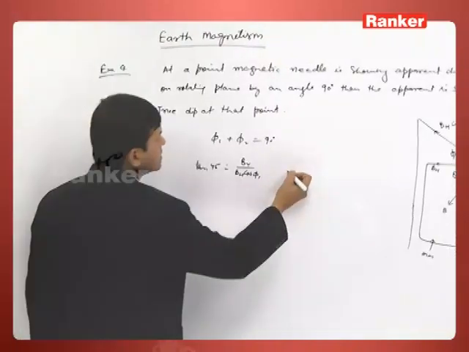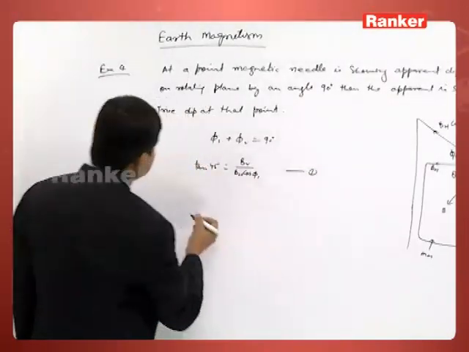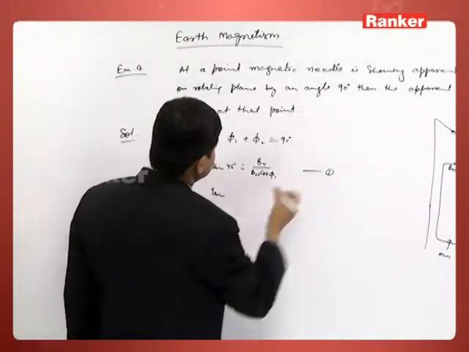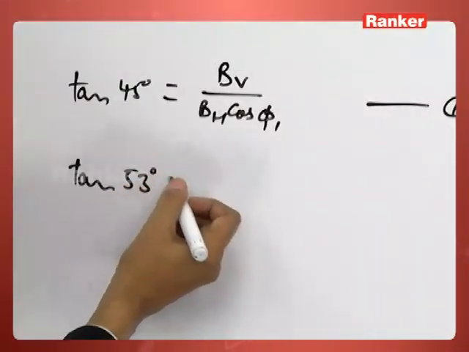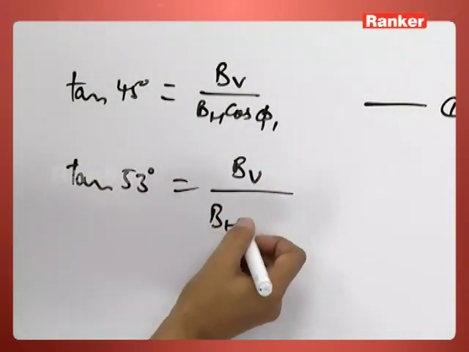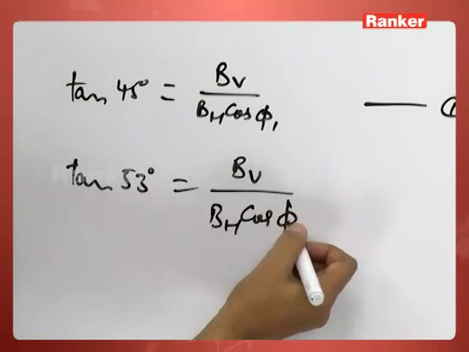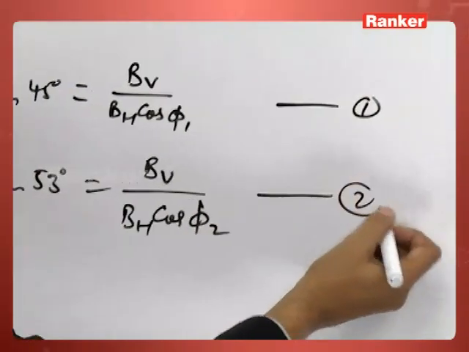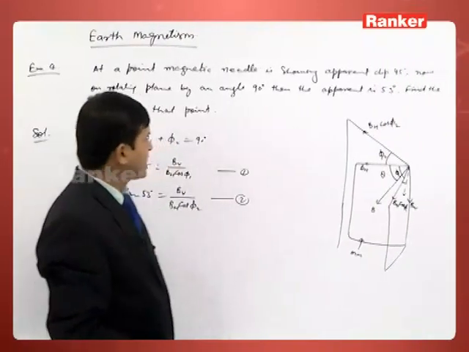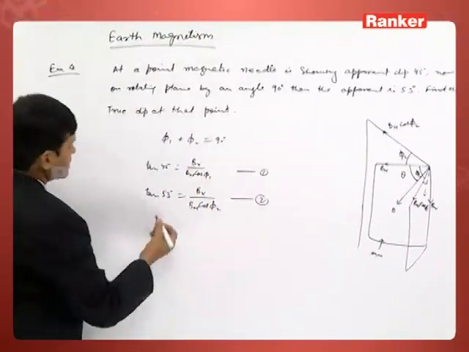This is the first equation. Similarly, in the second condition, tan 53 degree is B vertical, which will remain the same, by BH cos phi 2, and we want here tan theta actually.